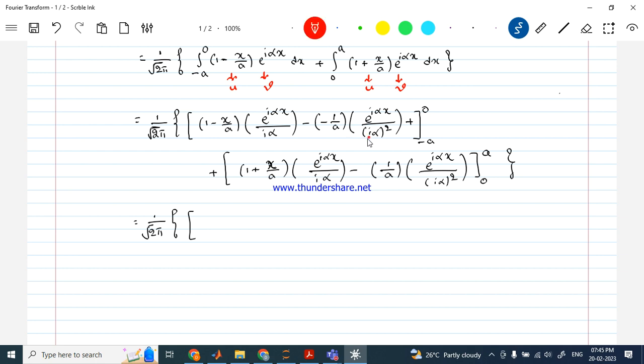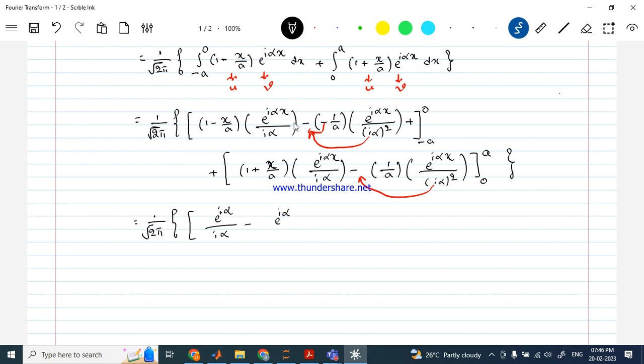I'll take this I square to this place, and this negative sign also comes here, so totally minus into this becomes plus positive sign, and here this negative sign with this negative sign becomes a positive sign. So if I substitute the upper limit, x is 0, this just becomes 1, so it is just e power I alpha divided by I alpha. Come to this term, we got 3 negative signs, so it is minus e power I alpha.